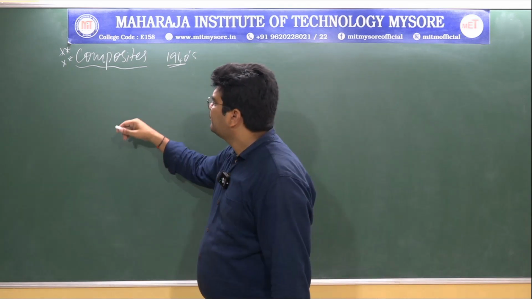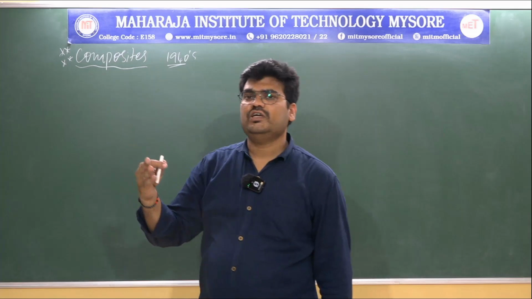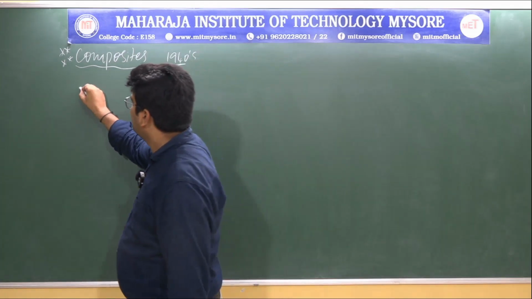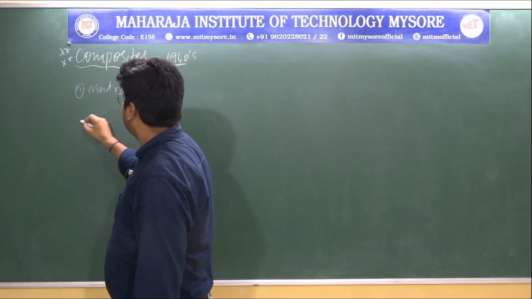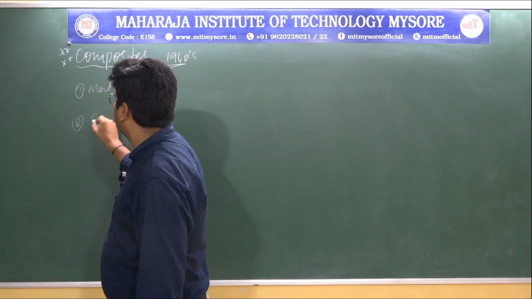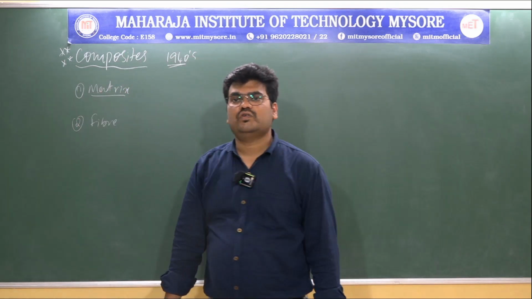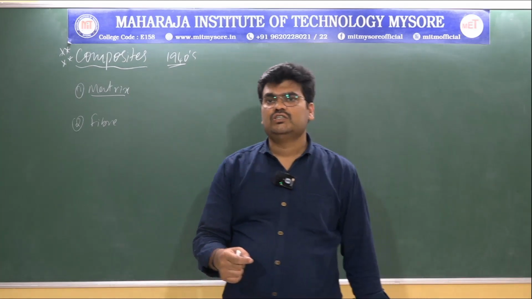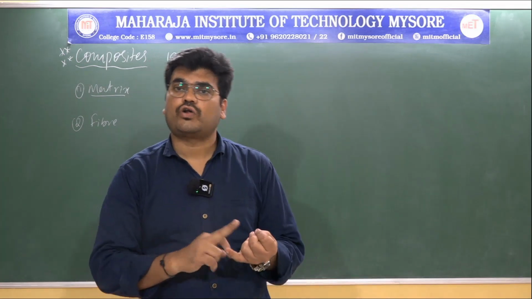So coming to the composition of these composites, usually composites consist of two components. One is a matrix, the other one is a fiber. The matrix is usually a thermoset polymer material which is capable of embedding, encapsulating, reinforcing or adhering.